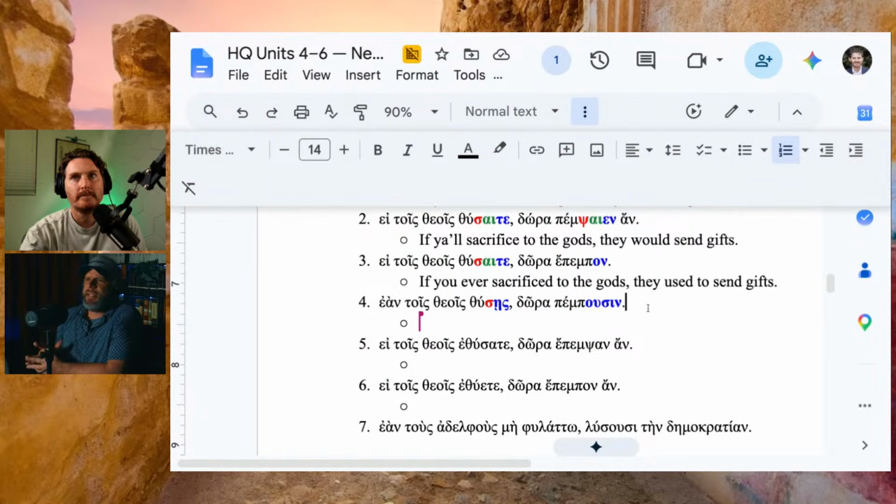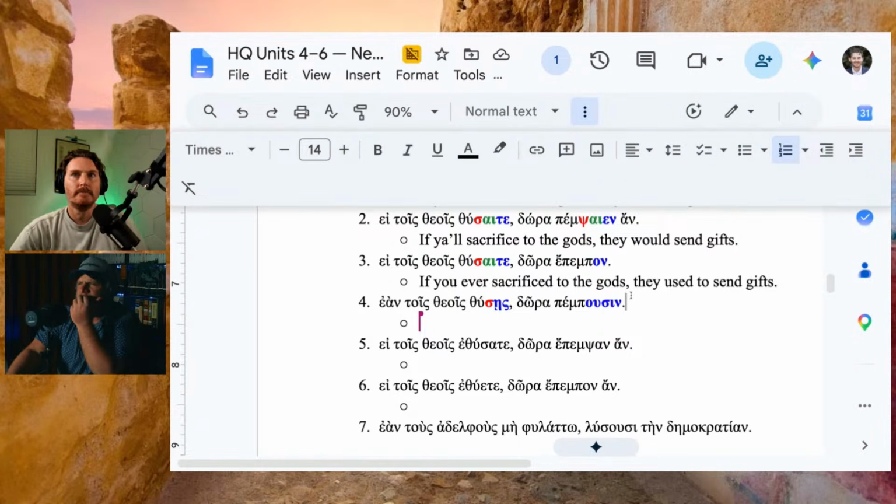Second person singular. Aorist. And then what mood is it? Subjunctive, because you have the eta with the epsilon augment rather than a.